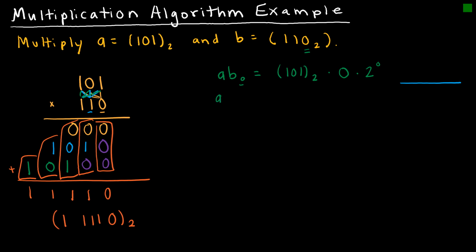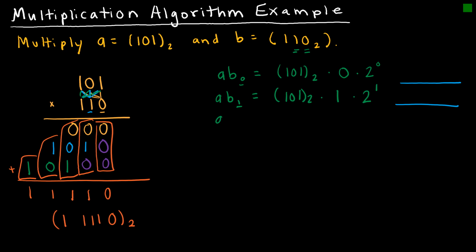Then I would take A times B to the 1, or B sub 1, excuse me. So this is 101 base 2 times my next value is 1. And 2 to the first, because remember that's going to match the place value that we're using. And again, I'll come back to that solution in a moment.